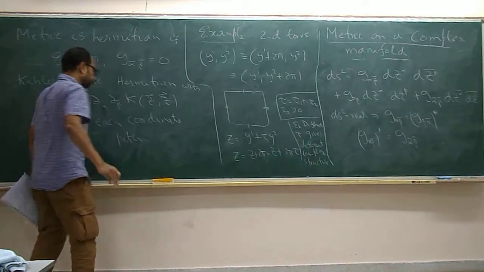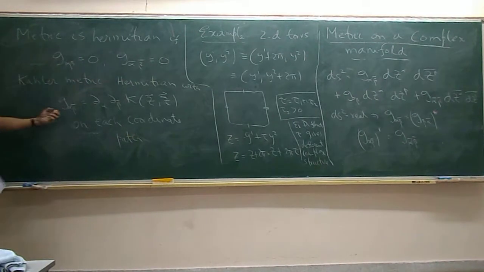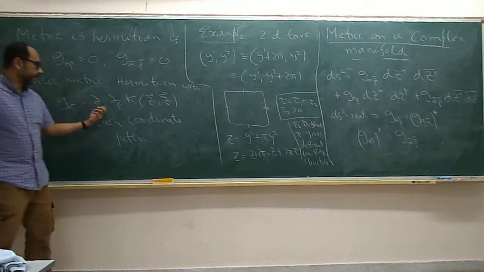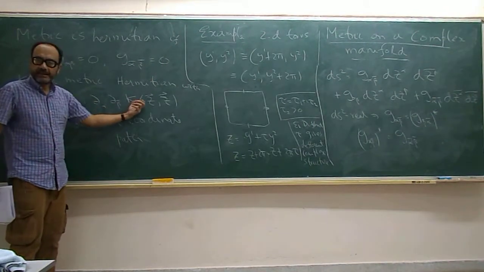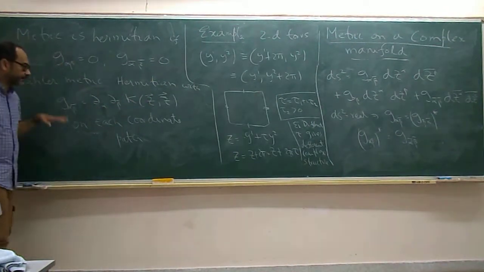So locally, you should be able to write g_{alpha beta-bar} as del del K over del z^alpha del z^beta-bar. This is the definition of a Kähler metric.